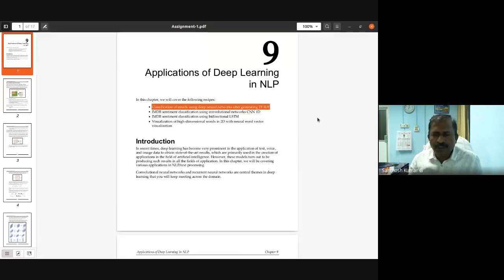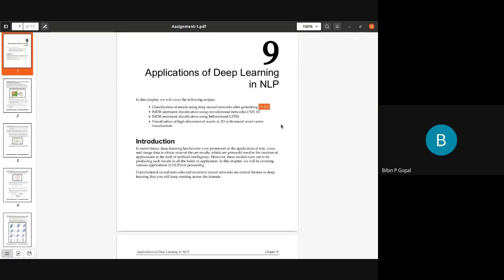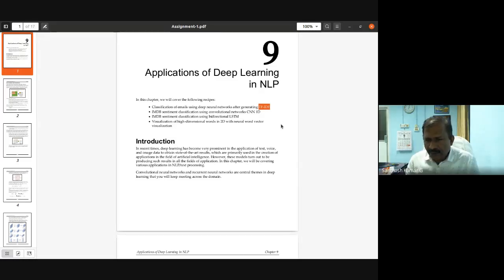I hope you might have seen or learned the idea of TF IDF. Can anybody explain what is TF IDF? The TF IDF representation, what is that?